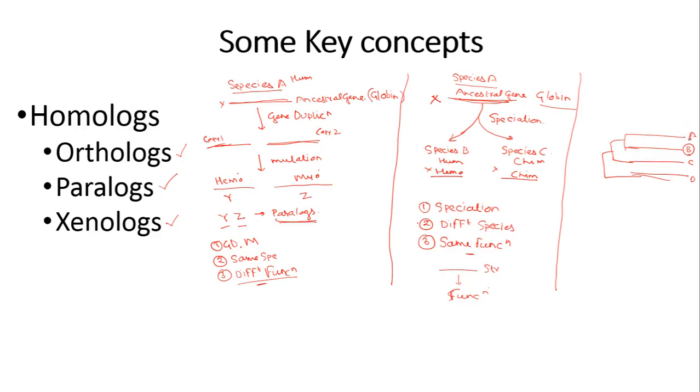Sister taxa means what? This species A can be called the sister of this species B. Why? Because they are placed very close to each other.